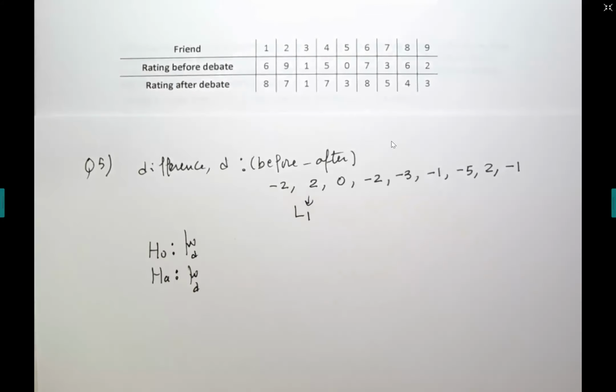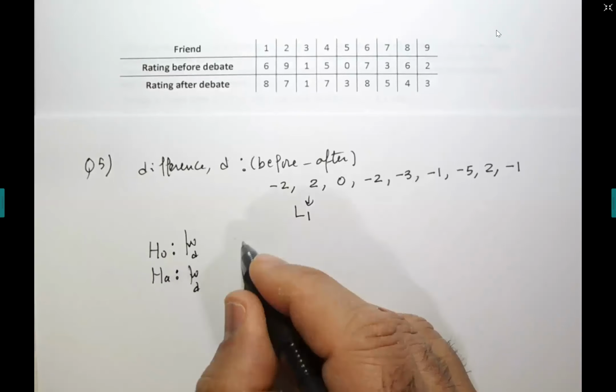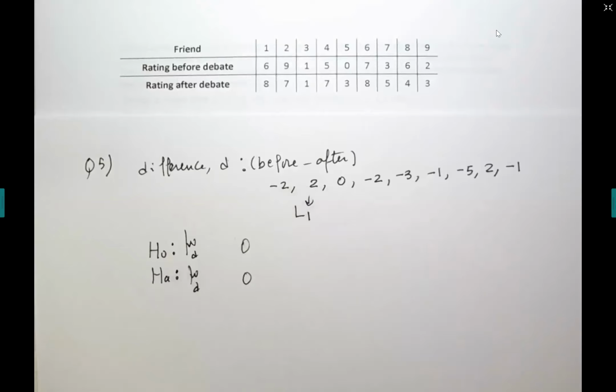We don't put mu1 and mu2. We're testing only the difference. So it will be against the value, what? What do I put on the right-hand side right here? Yes, 0.